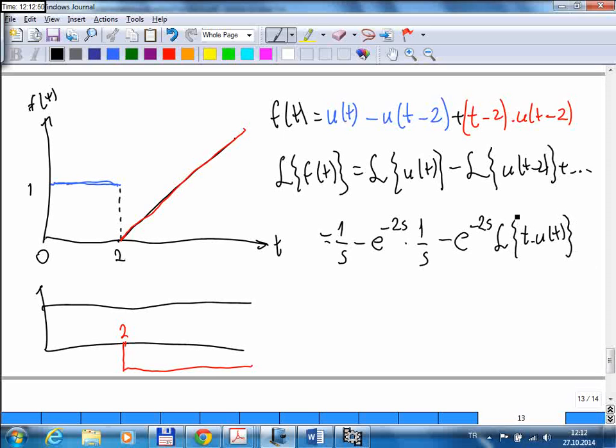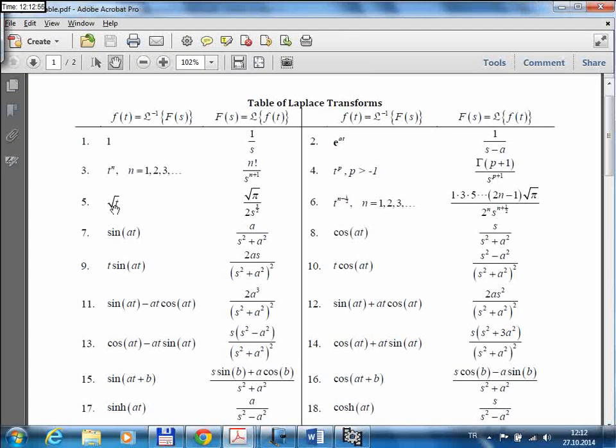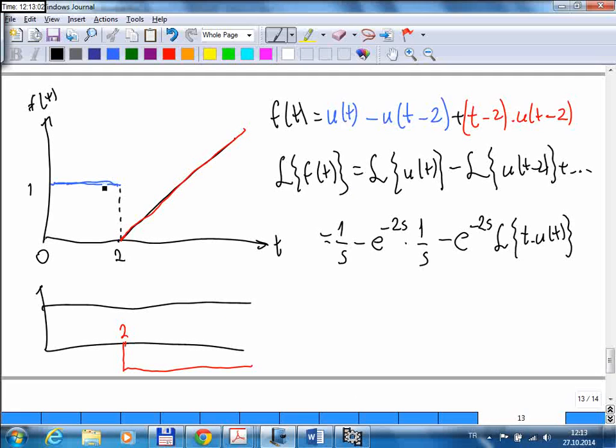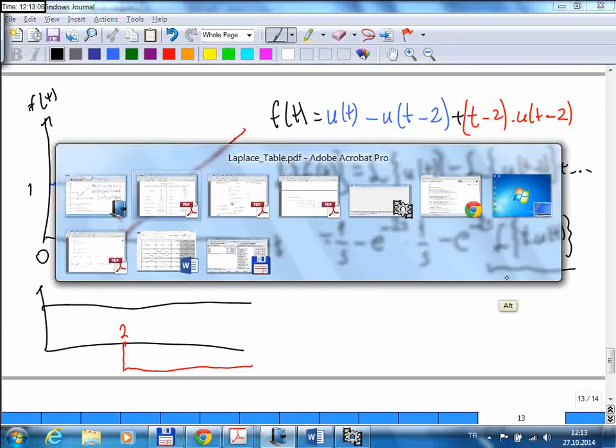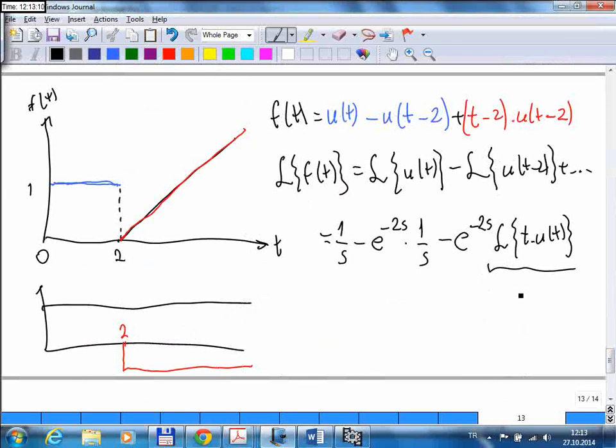and I can find the transformation of this unit ramp function from the Laplace transform table. It is this function, and n is equal to 1, right? So since n is equal to 1, this is equal to 1 over s to the power 2. So this is from the Laplace transform table.